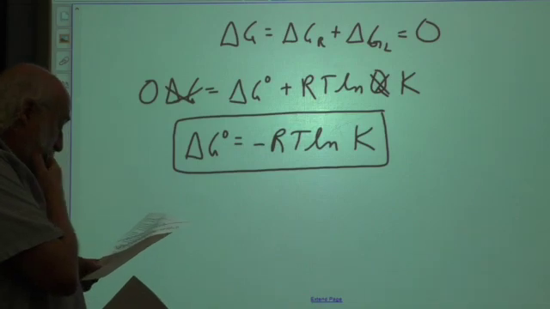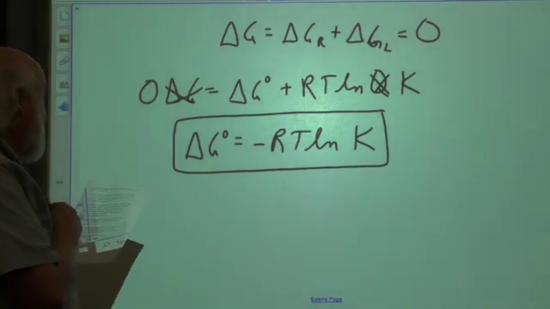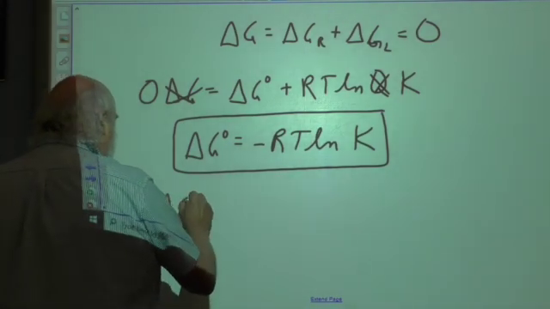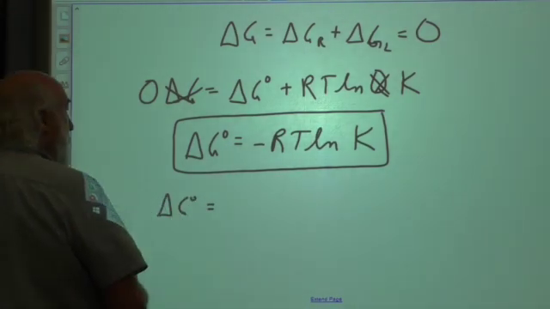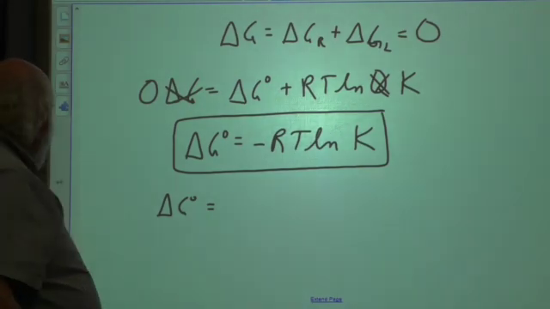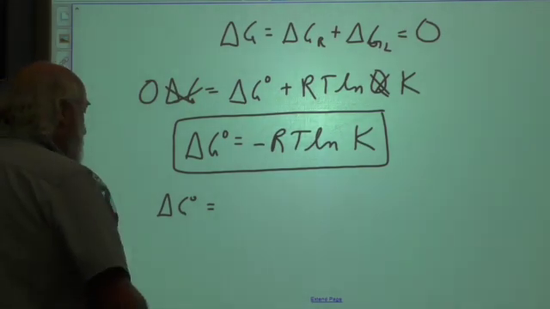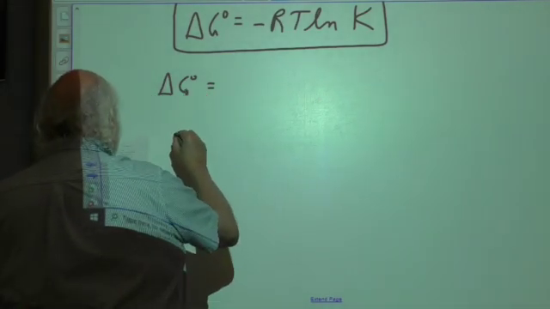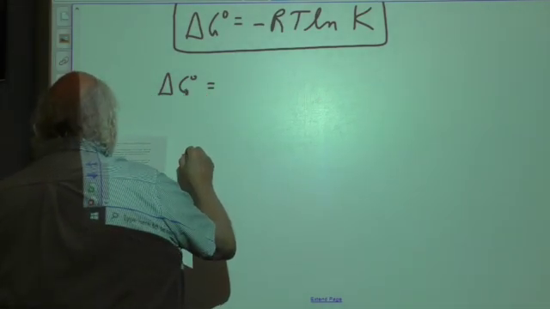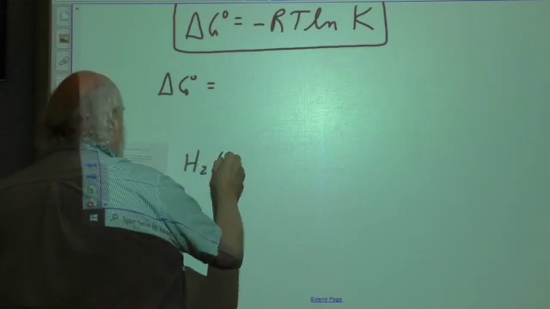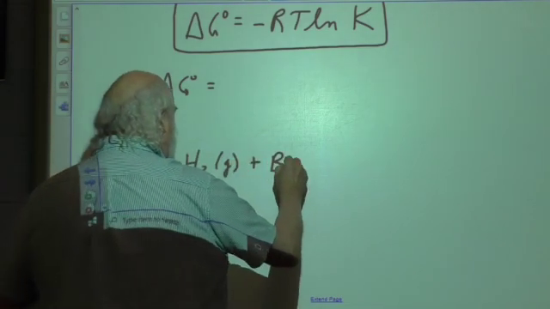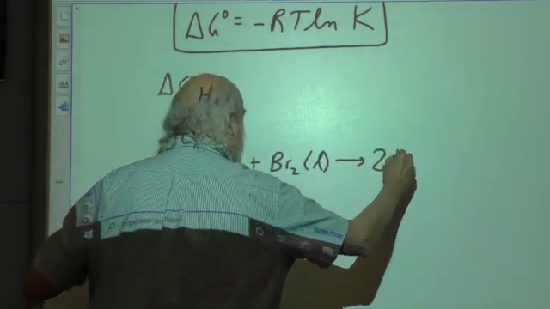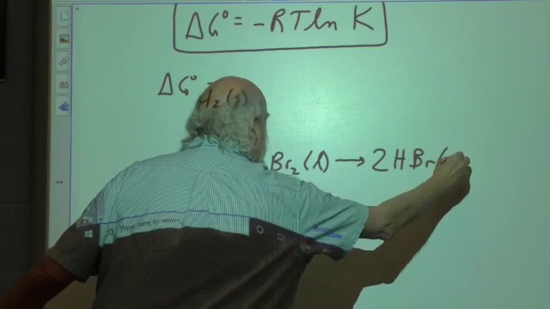Okay, so that means then I can find delta G by going to the chart. Let's rewrite the equation here. We've got H2 gas plus Br2 liquid yields 2 HBr gas.